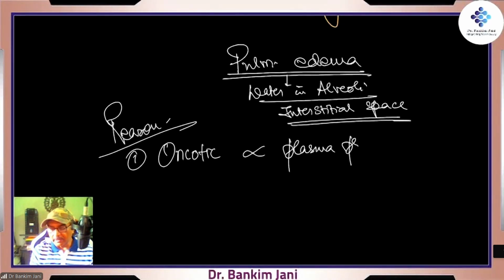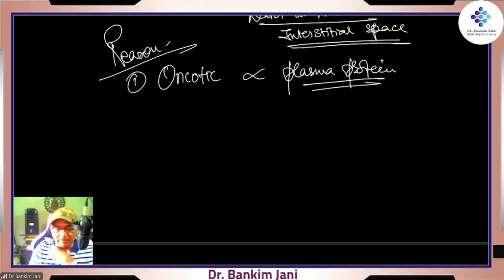Decrease the plasma protein and then pulmonary edema would occur. Plasma protein is not coming from space. It is formed by whom? The liver, right? Because in our blood, it is the liver which is making that plasma protein.